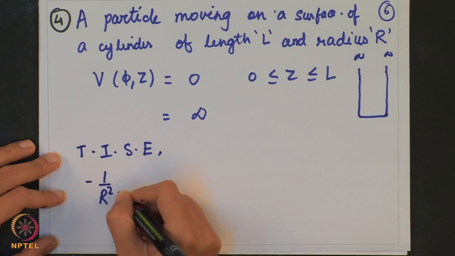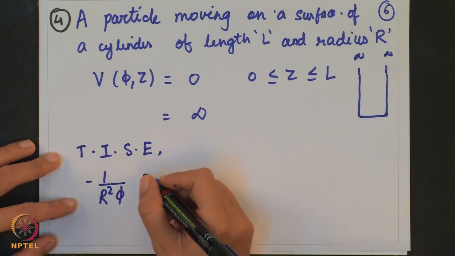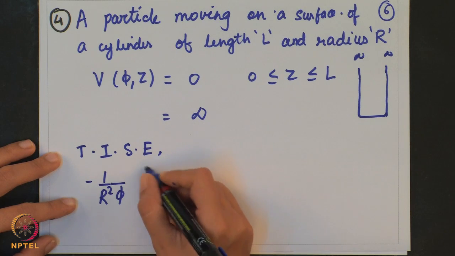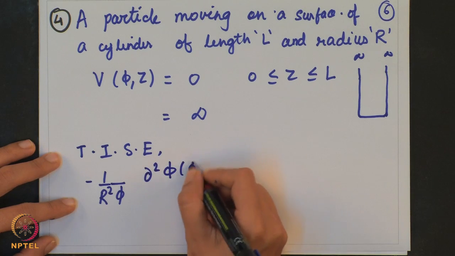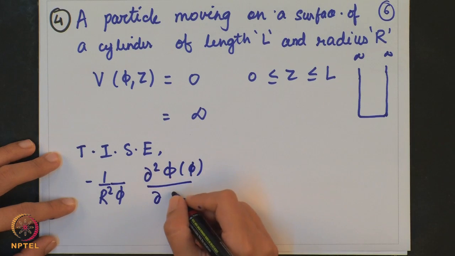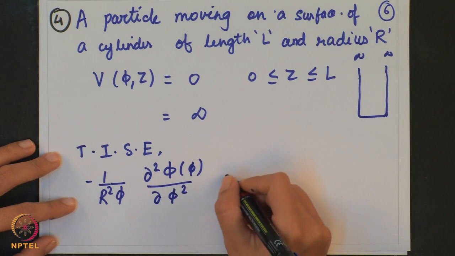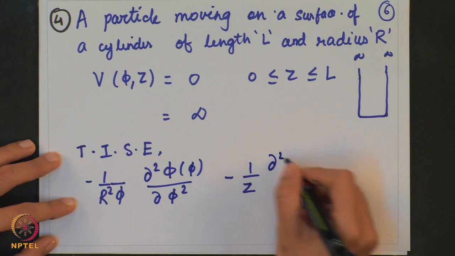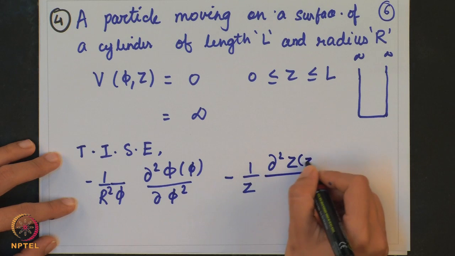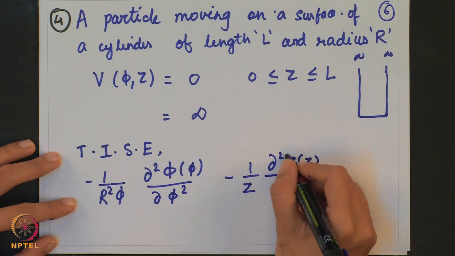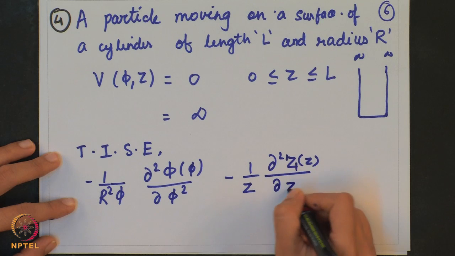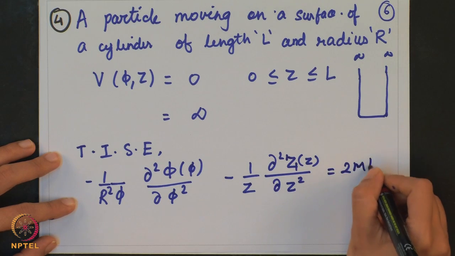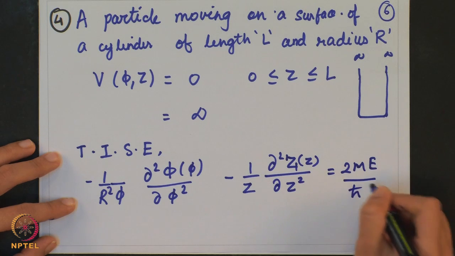So, we can write the time independent Schrodinger equation in terms of the cylindrical coordinates in this form: minus 1 by Z del square Z of z, where this is a capital Z and this is a small z, is equal to 2mE upon h cross square.